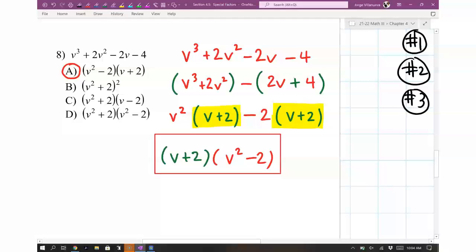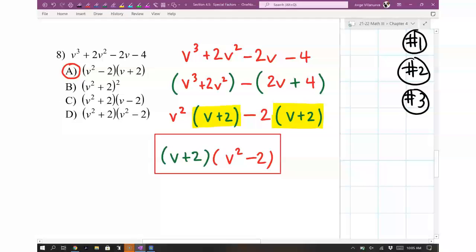Keep in mind that if there's a minus in the middle, you must switch the sign. If it's a plus, then just leave it alone. Leave it whatever it is. Once you do that, factor whatever this parenthesis has in common. So we said v squared. Factor whatever this parenthesis has in common. So we said 2.